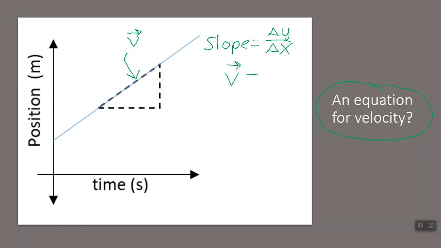So all we need to really determine is what truly is the change in y and what is the change in x. So the change in y is going to be the change in the object's position from this location to this location. It starts here and it ends here. So this delta y, this change in y, is going to be the object's change in position, or its displacement.